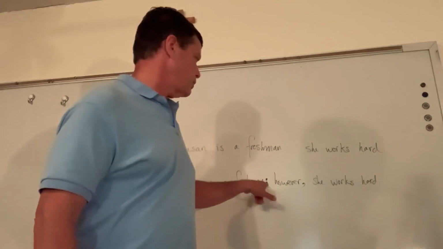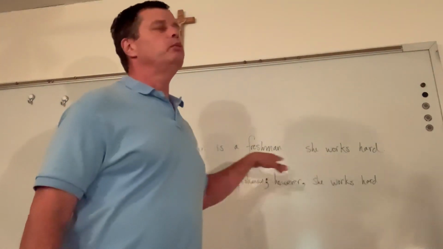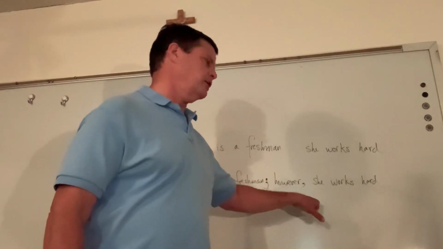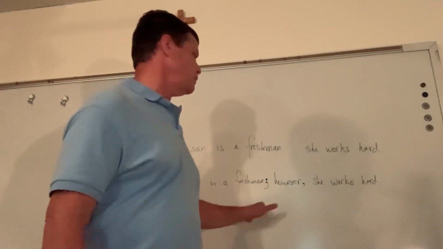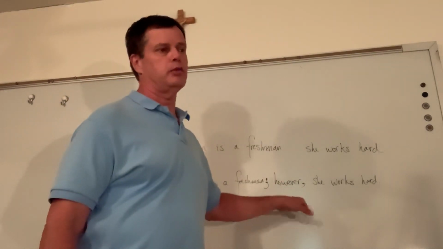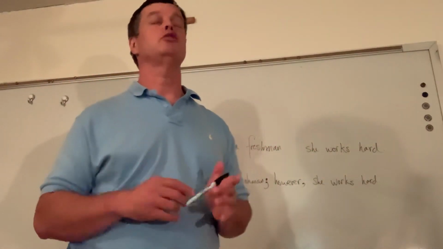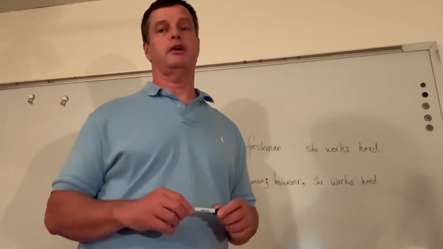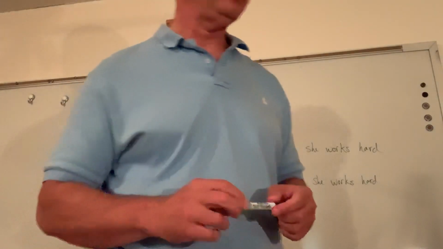We use this formula, independent clause, semicolon, conjunctive adverb, comma, between two independent clauses. Susan is a freshman, semicolon, therefore, comma, she works hard. Again, we're talking about how to combine these two independent clauses using one of those long formal sounding words that we call a conjunctive adverb.